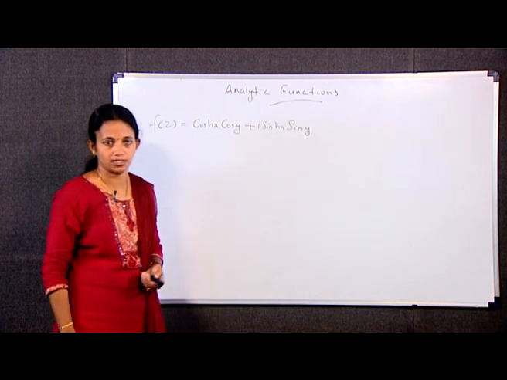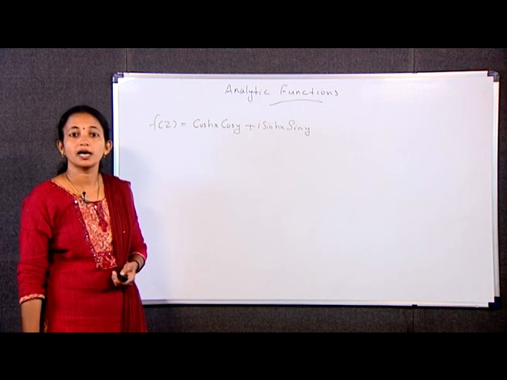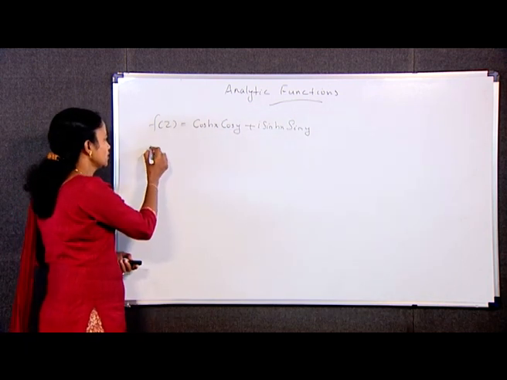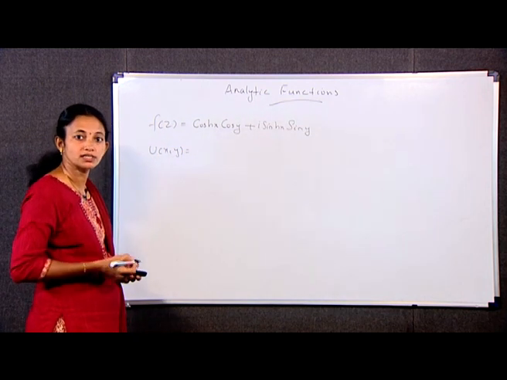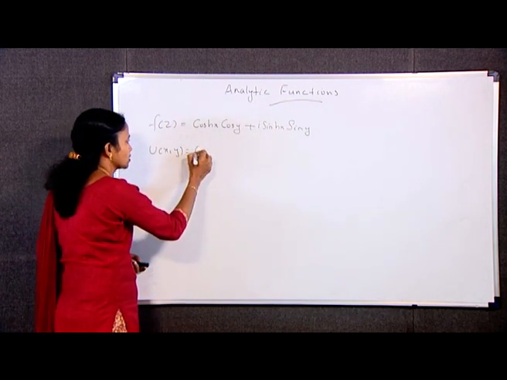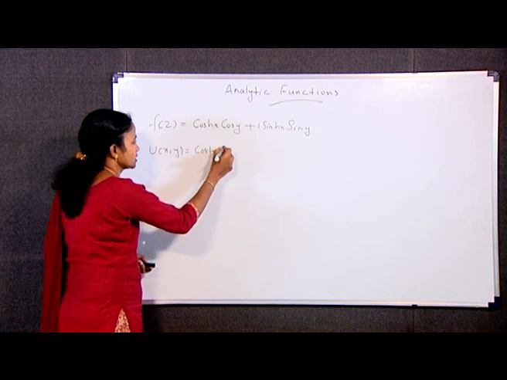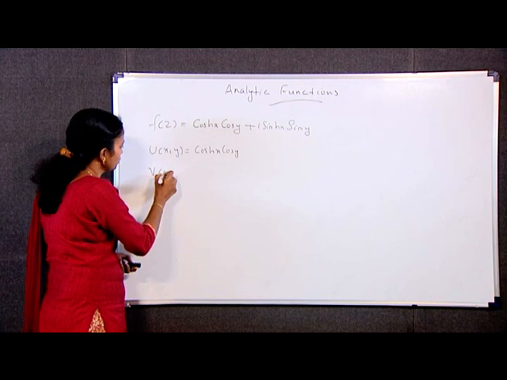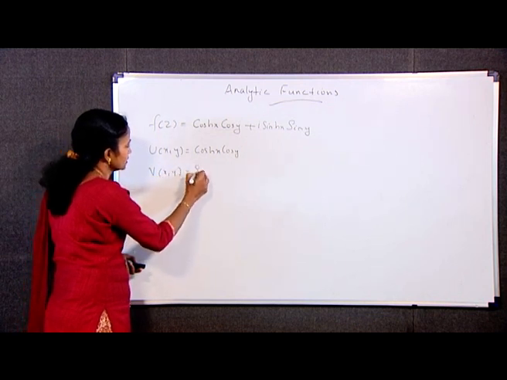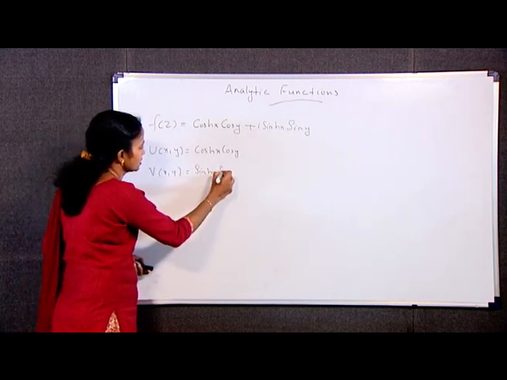This is my f(z). Here the component functions are u(x,y) equal to cosh x cos y, and v(x,y) is equal to sinh x sin y.